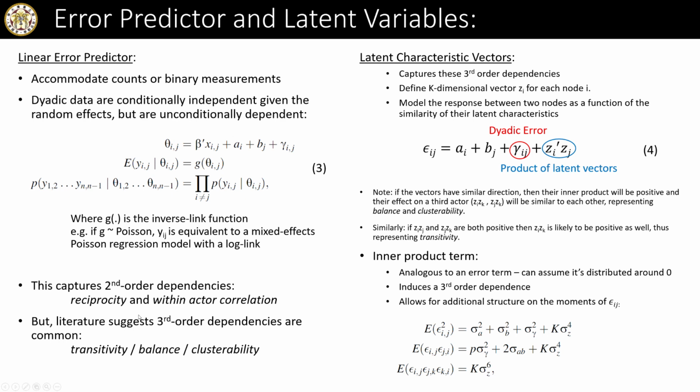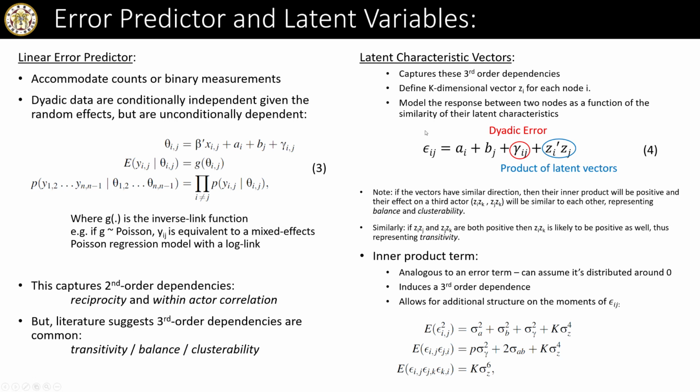But the social science literature suggests that there are third order dependencies in a lot of these relationships. This includes things like transitivity, balance, and clusterability. To account for this, Hoff and Ward incorporate latent characteristic vectors to capture these third order dependencies.